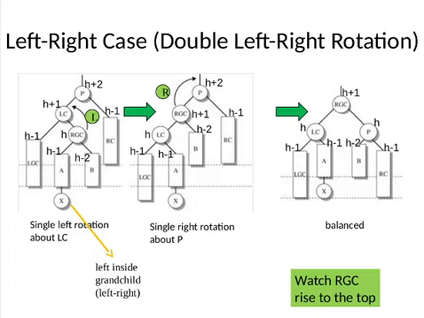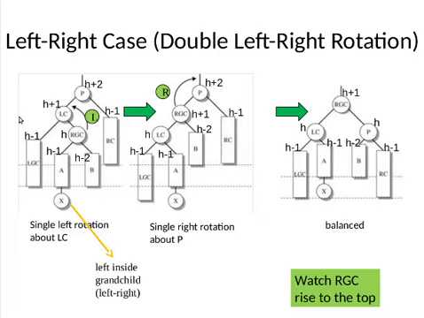After the left-right insertion of node X, the balance factor of node P has become +2. That is, the height of LC minus height of RC is +2. Let the height of LC be h plus 1. So the height of RC must be h minus 1.